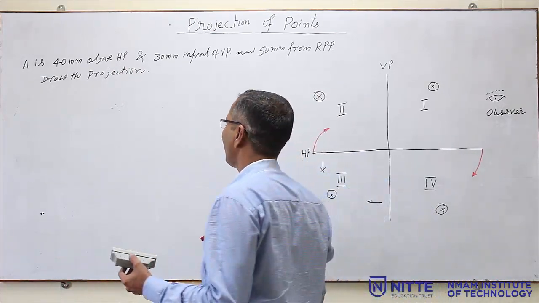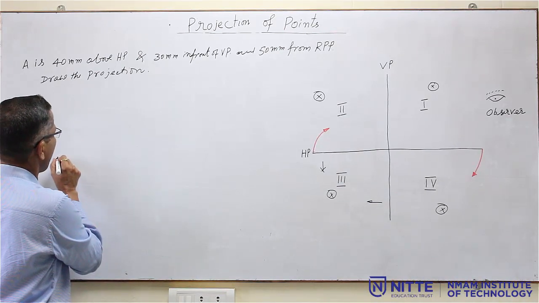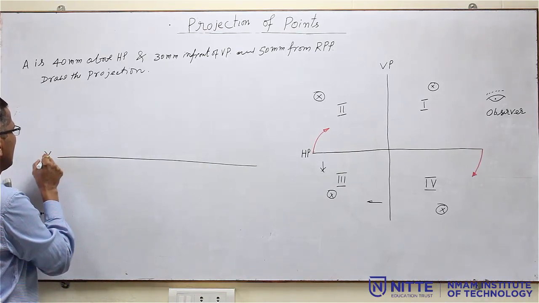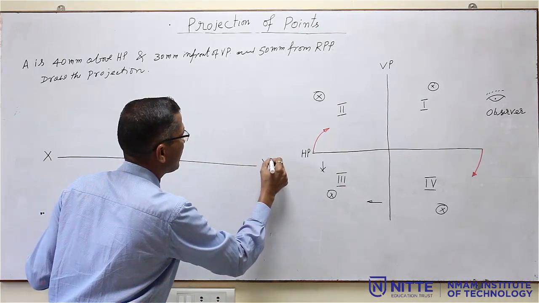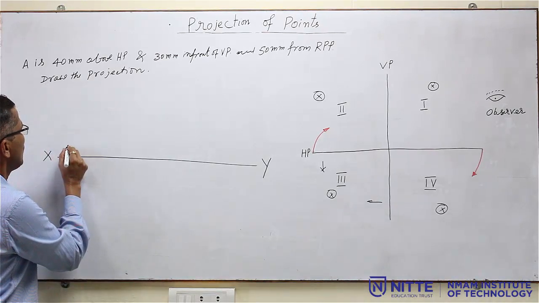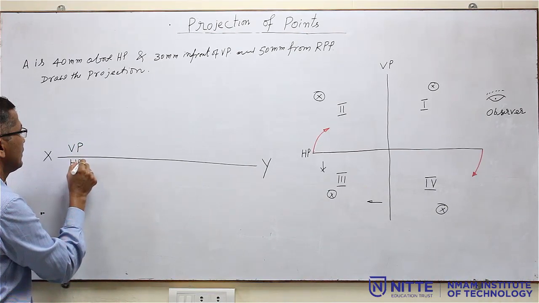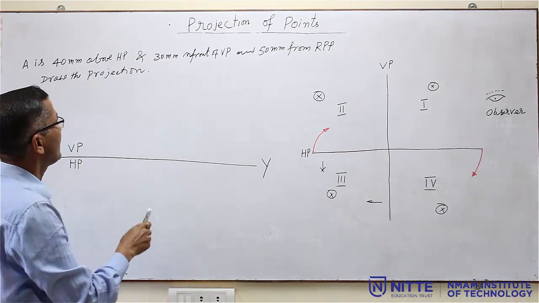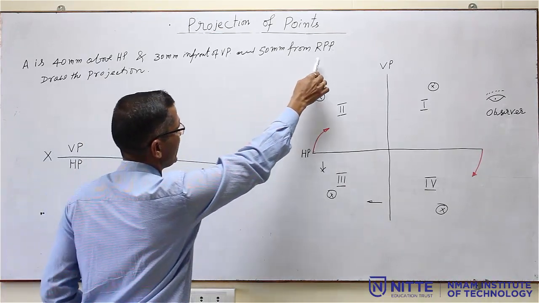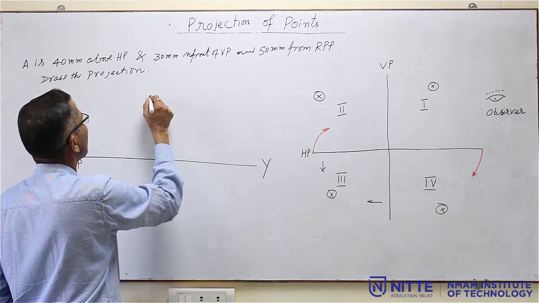As soon as you understand that the point is in the first quadrant, you prepare this quadrant system: X, then Y. First quadrant means it is VP and HP. Then after that you draw a line x1 y1. See here, RPP means it is to the right, like this.